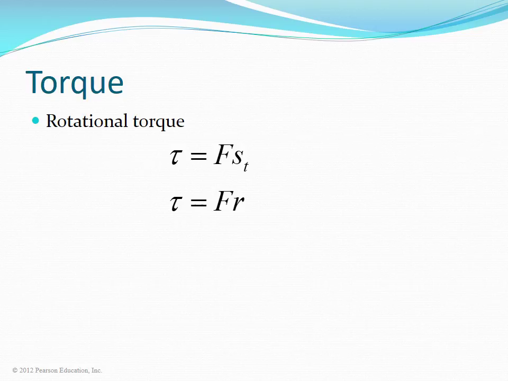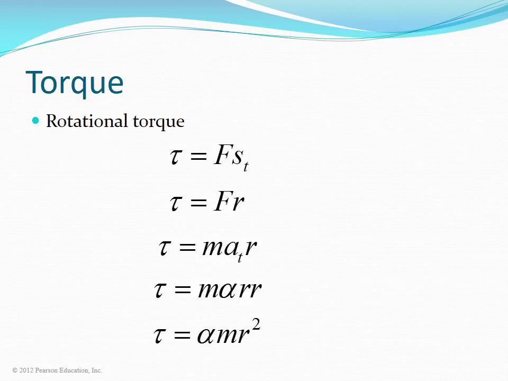In circular motion, the distance from the axis of rotation is the radius of the circle. The force is the mass times the tangential acceleration. The tangential acceleration is the angular acceleration times the radius, which we write as the angular acceleration times the mass times the radius squared.